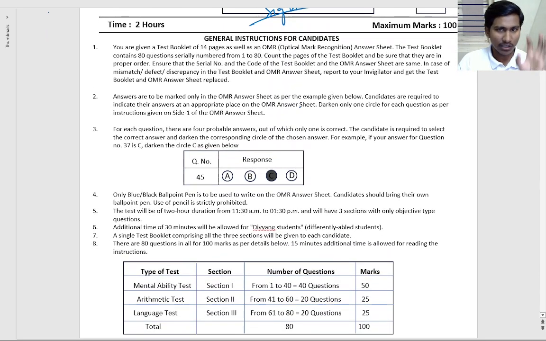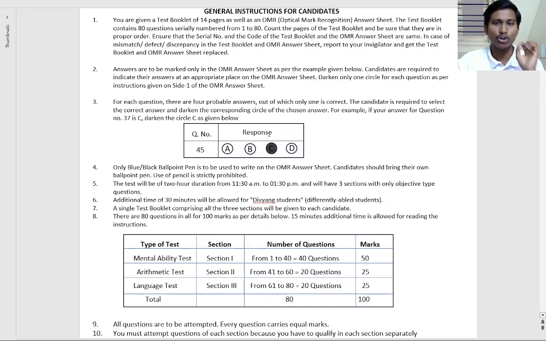All the information will be here. You already know how to bubble. Whichever is the answer, you have to bubble it completely. If the options are A, B, C, D and C is the answer, we have to bubble it from the outside. Go from outside to inside, so it is easy to bubble.